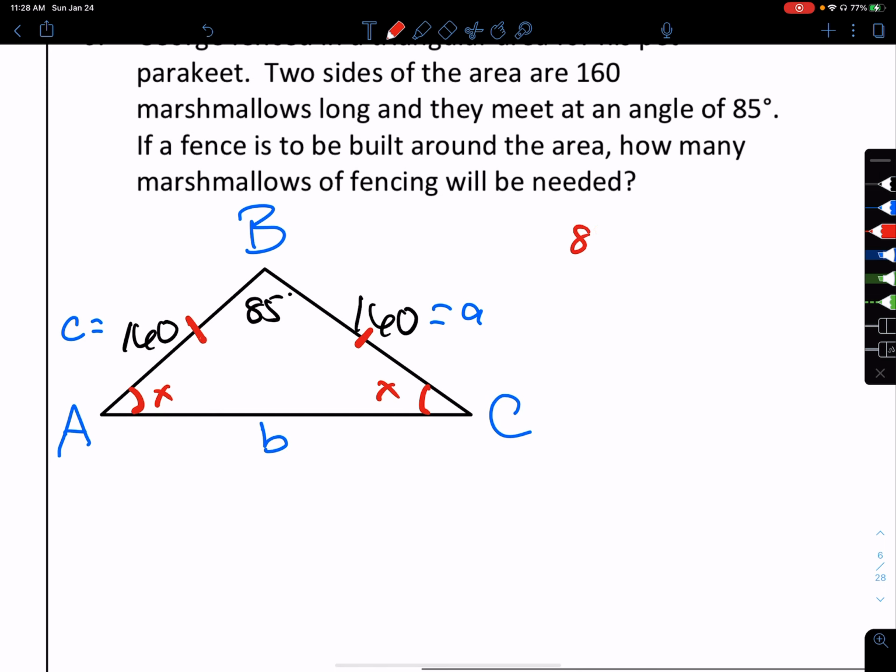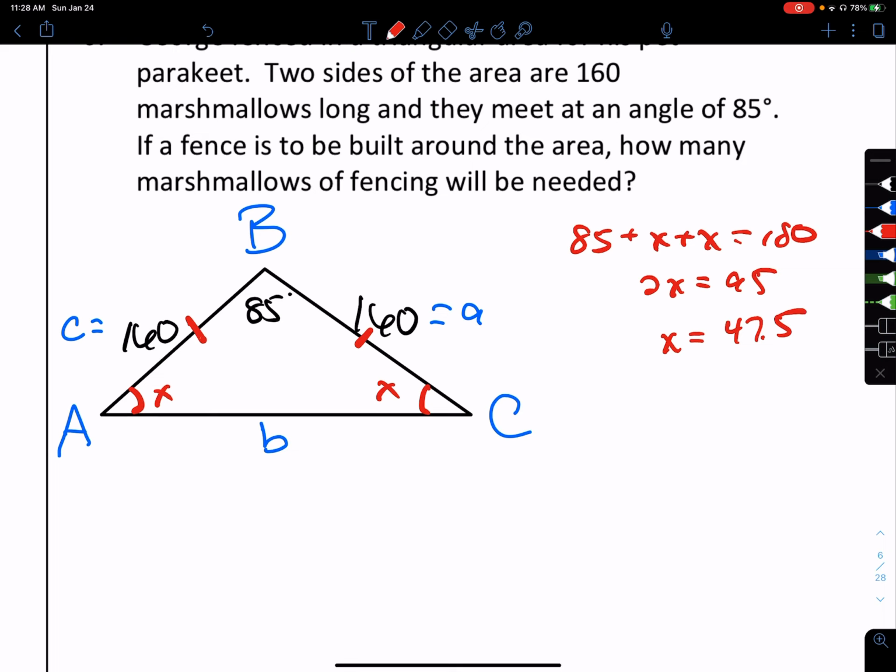Triangle sum theorem, if you add up all the angles in a triangle, you're going to get 180. We subtract 85 from both sides, we're going to get 95, and then x is going to equal 47.5. So after doing that work, now we can use the law of sines.